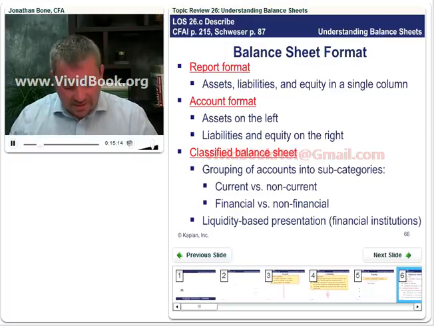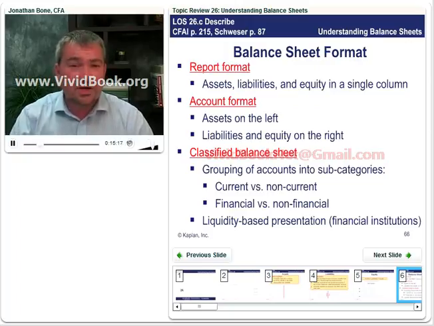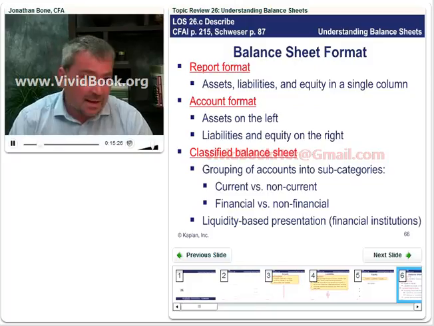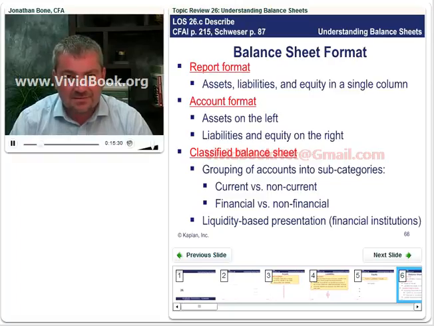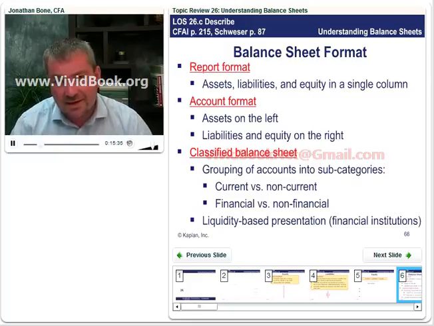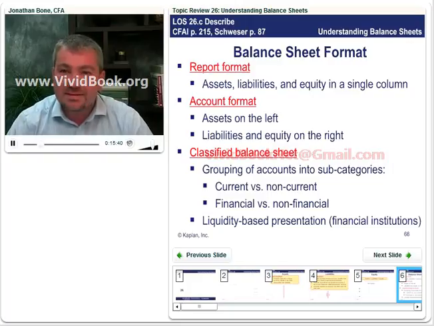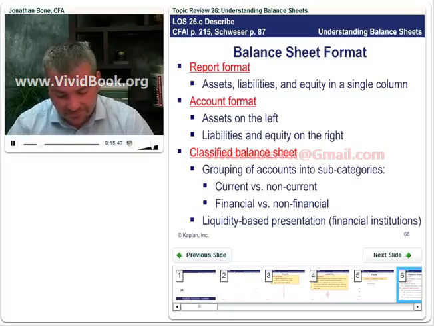So let's have a look at our formats. It says describe alternative formats, our LOS. Report format, pretty rare, but essentially you have assets, liabilities, and stockholders' equity all in one single column. Account format that we saw a little bit earlier when we looked at our balance sheet, assets on the left, liabilities and equity on the right. And of course, not only did we have an account format, but we had a classified balance sheet as well, where we grouped the accounts into subcategories: current versus non-current, financial versus non-financial, of course, very common.